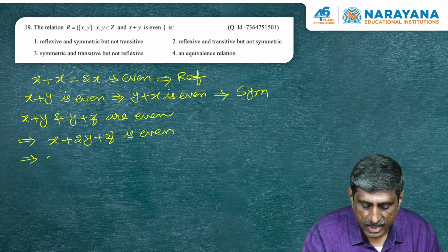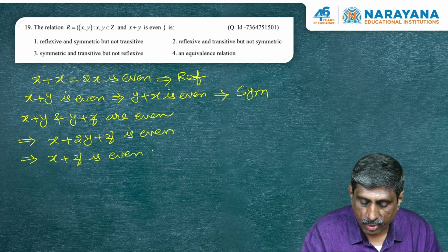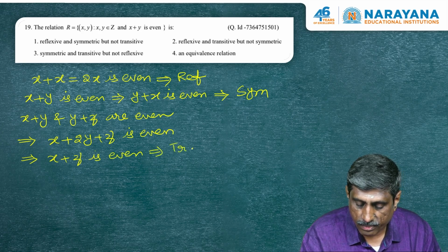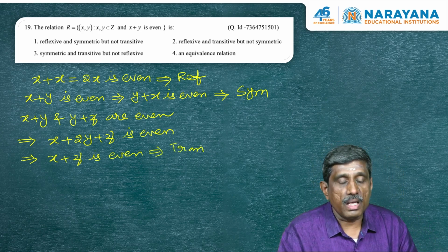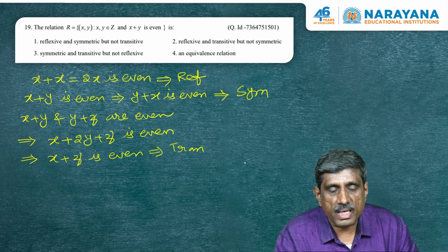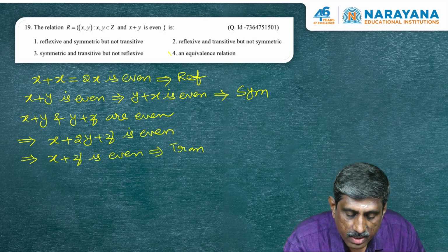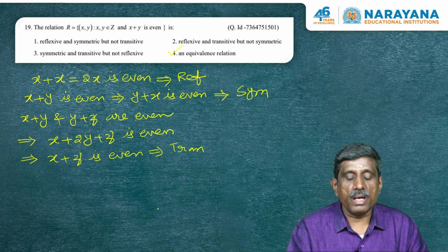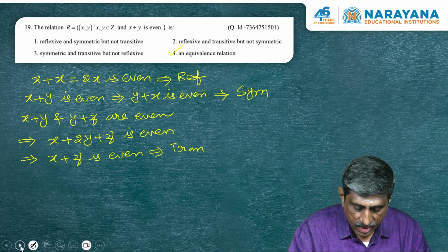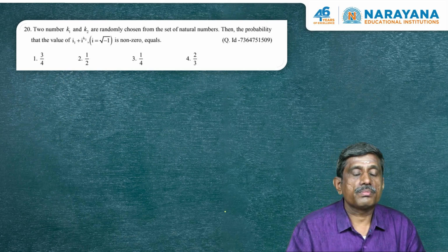From that we get x plus z is even. Therefore, the relation is transitive. So, the given relation is reflexive, symmetric and transitive, which is an equivalence relation, a direct question from the relations chapter, sets and relations. Let us move on to the next question.